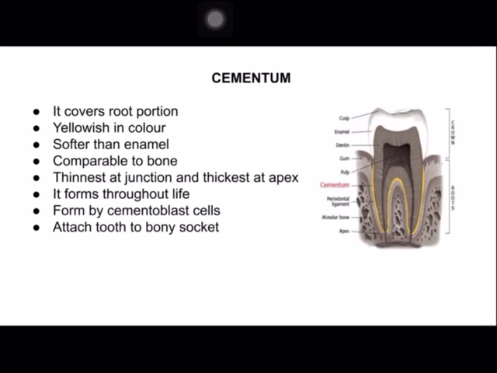It forms throughout life, so it can regenerate itself. It is formed by cementoblast cells, and its function is attachment to the bony socket. You can appreciate its structure from the given diagram, the yellowish structure.